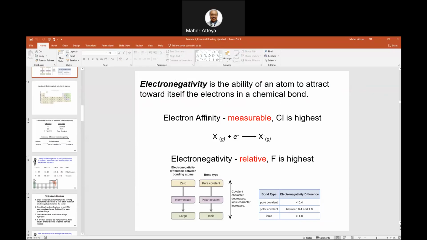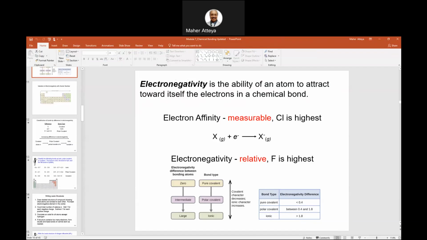Electronegativity is the same thing, but you have to have a chemical compound. Within a chemical compound, a more electronegative atom means one atom tries to pull electrons from its neighboring atoms within the compound. You see the difference? Electron affinity is by itself.